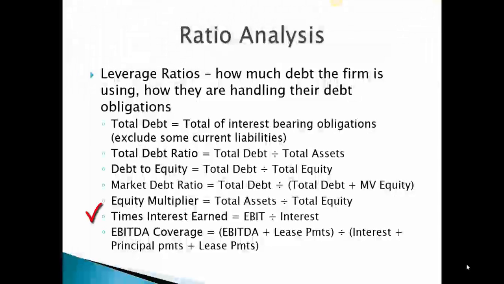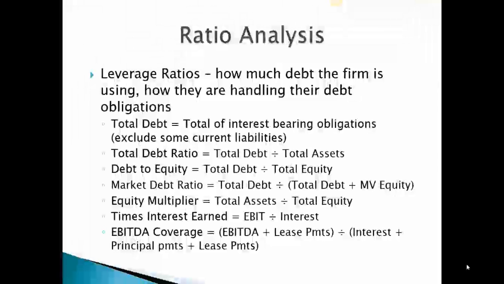Times interest earned is probably the only one that we'll use in the class, but the EBITDA coverage is another one that may be used. It's particularly important if you've got leases involved, kind of off-balance sheet financing, a little bit beyond the scope of our class. I want to keep it a little bit simpler, and so we'll focus mainly on the times interest earned. And that's defined as EBIT, so basically your operating earnings, operating income, divided by the interest payments that you have to make.